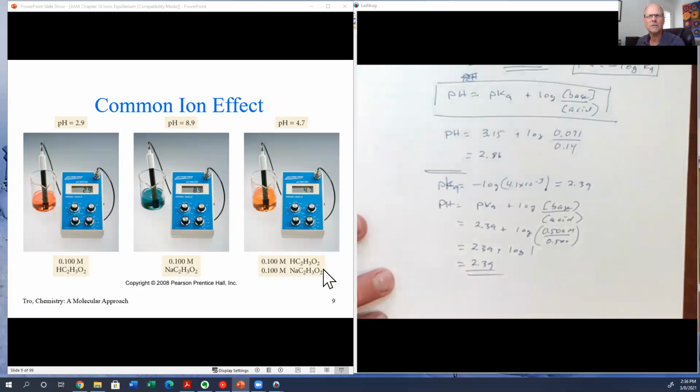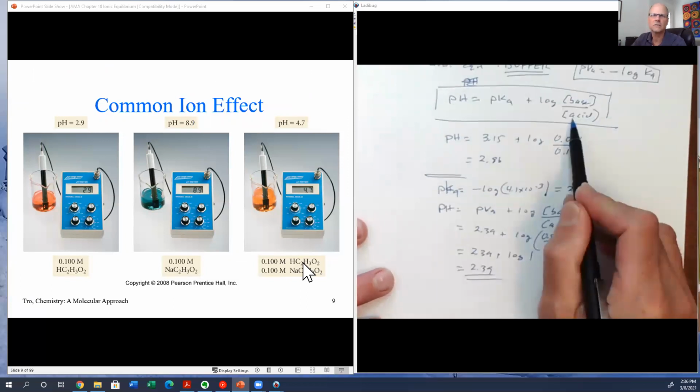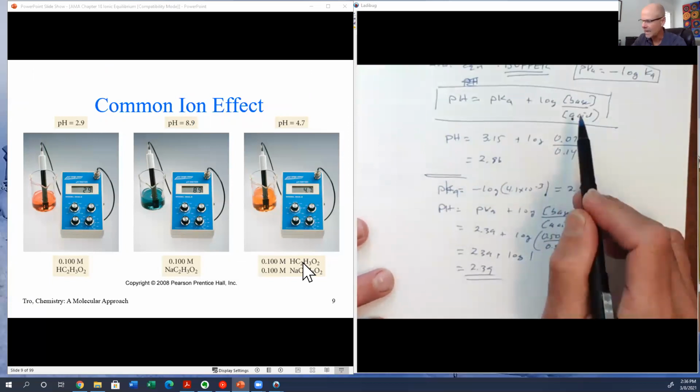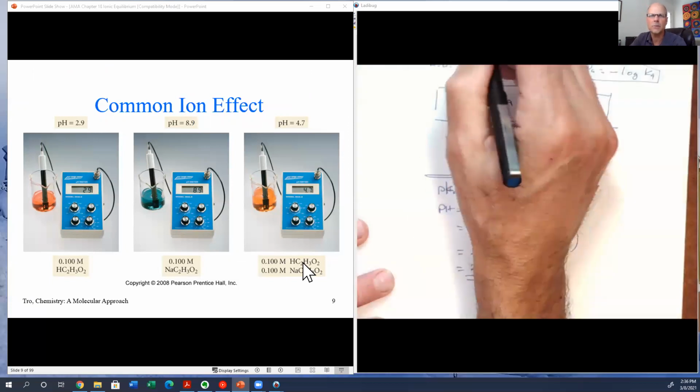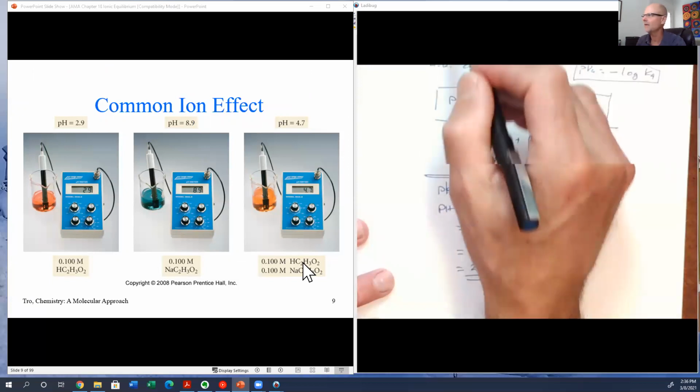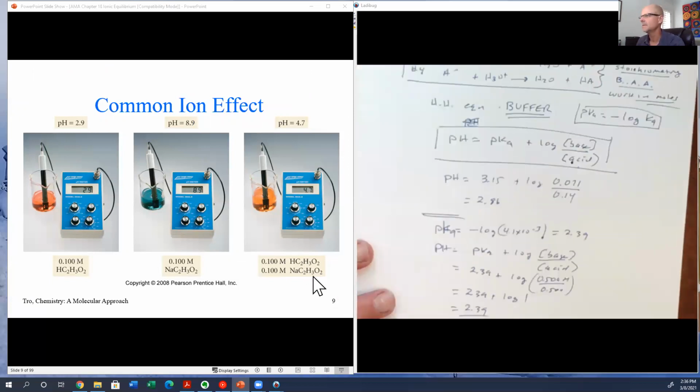Whenever you see one of those, this is your equation, the Henderson-Hasselbalch equation. You just directly calculate the pH. It's the equivalent of working an equilibrium problem, but you don't have to work the equilibrium problem.